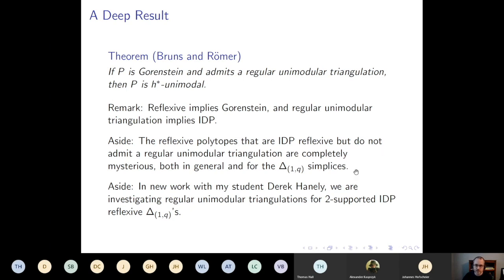So they should exist, but I don't really know that anybody has written down an example, and it's not really clear what this gap is between the Bruns-Römer result and the full reflexive IDP class. And a second comment is, with that in mind, with one of my PhD students, Derek Hanley, we're investigating regular unimodular triangulation starting in this 2-supported IDP reflexive delta 1 Q case, and I was hoping that maybe I'd have some results to mention, but it's not quite done yet. Not enough to be able to mention.